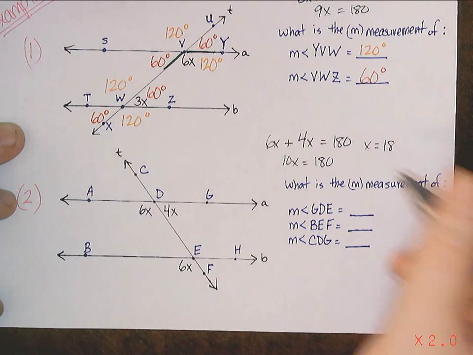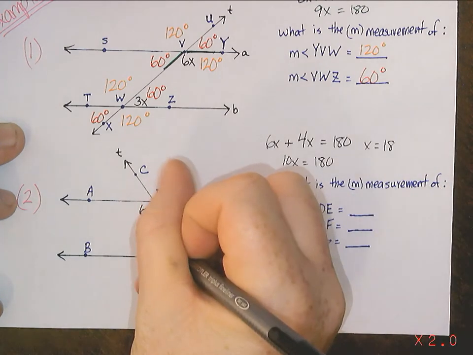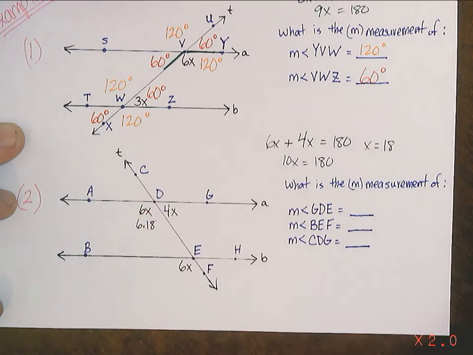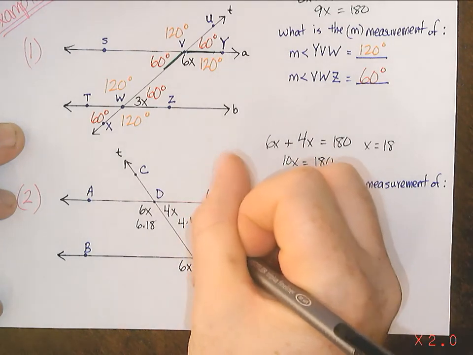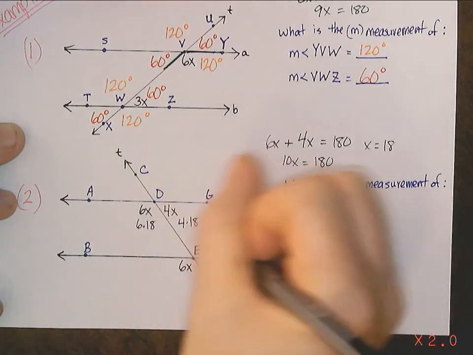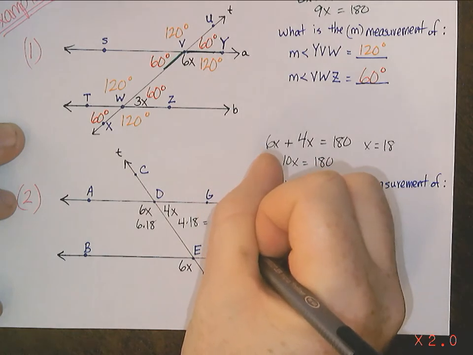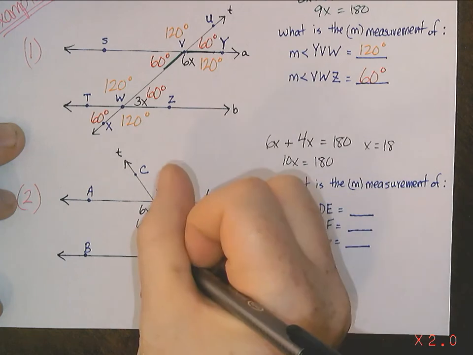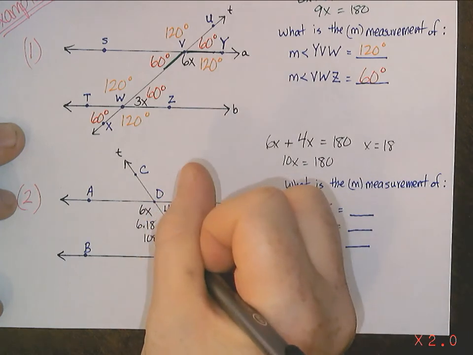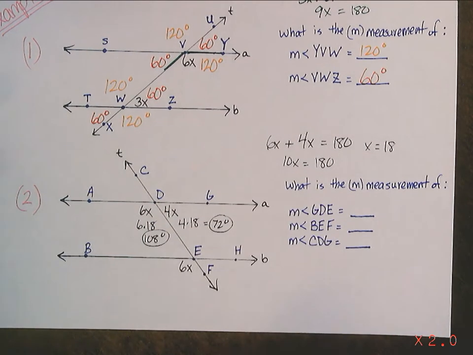So if that's 18, 6 times 18 is going to give you this measurement over here. And 4x means 4 times 18 is going to give you this measurement over here. So when you figure that out, you get 72 degrees here, and then you should get 108 here. And that's all you need. That's going to tell you what everything else is.